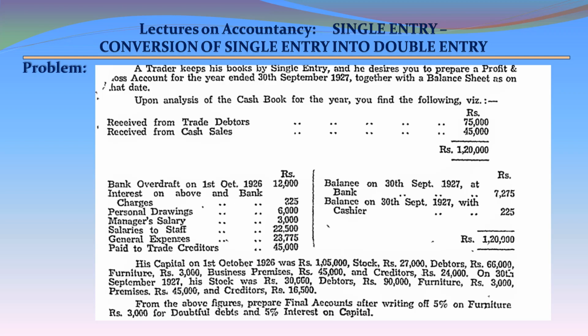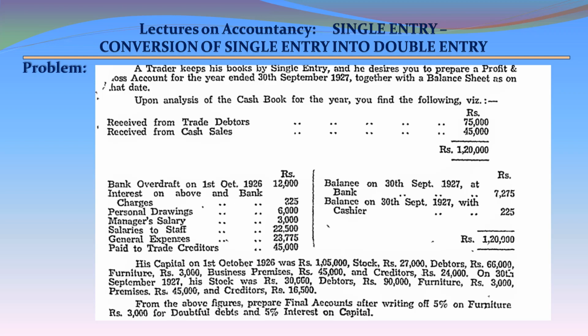Upon analysis of the cash book for the year, you find the following: cash receipts received from total debtors 75,000, received from cash sales 45,000, total receipts 1,20,000, and the respective payments: bank overdraft on 1st October 1926 12,000, interest on above and bank charges 225, personal drawings 6,000, manager's salary 3,000, salaries to staff 22,500, general expenses 23,775, paid to trade creditors 45,000, and finally the balance in cash book is 225 and balance in bank book is 7,275. The total is 1,20,000.